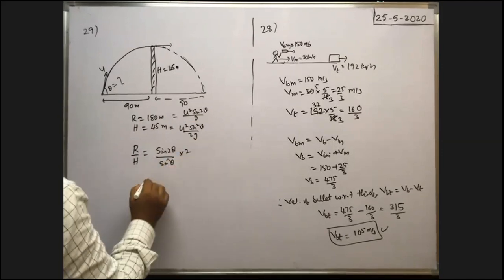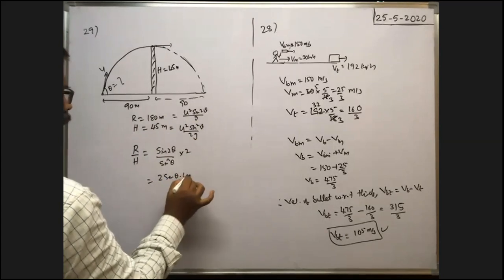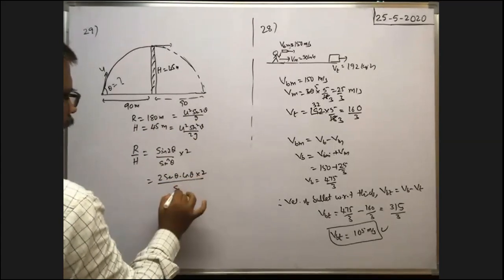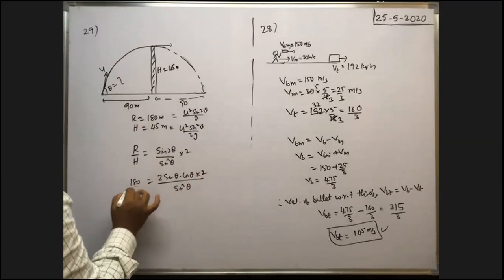Sine 2 theta can be written as 2 sine theta into cos theta, into 2 by sine square theta. R by H means 180 by 45.